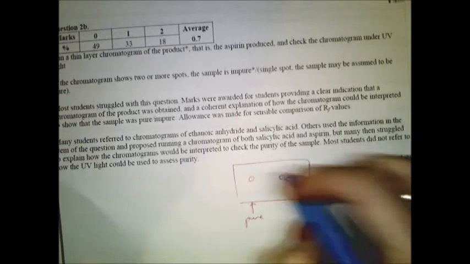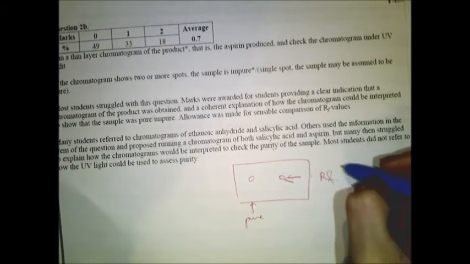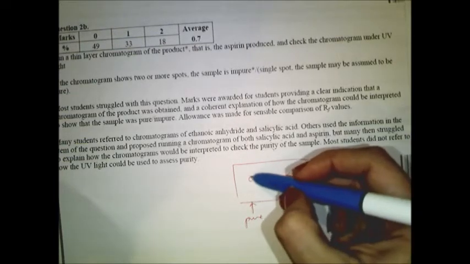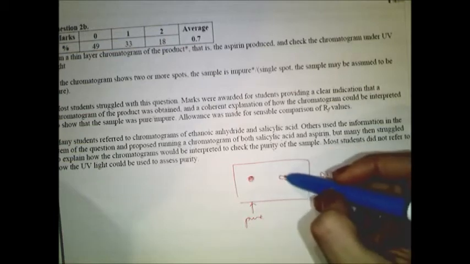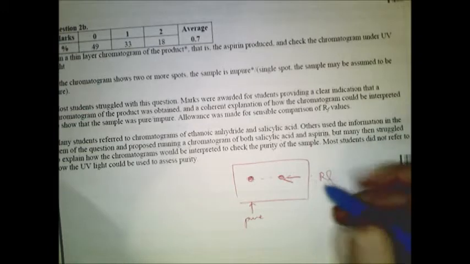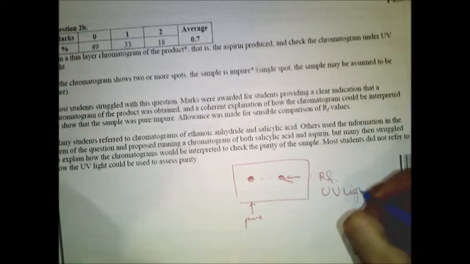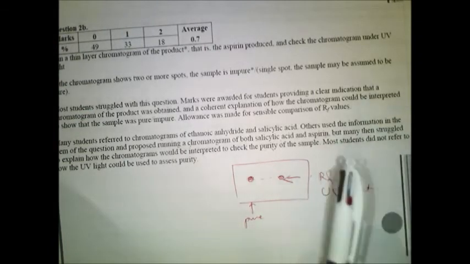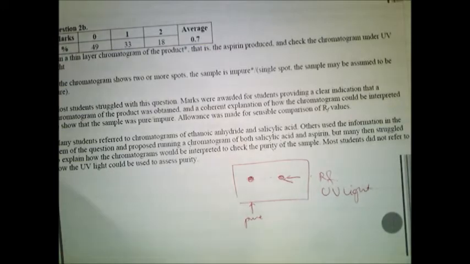But you couldn't just say that you're running a pure sample of aspirin without checking if it goes to the same RF value. And also referring to UV light was essential to get the correct answer.